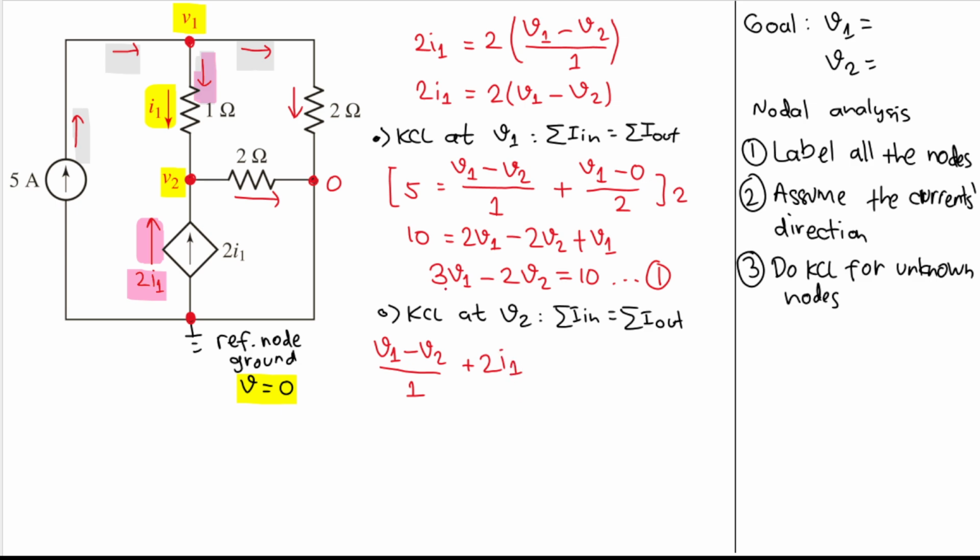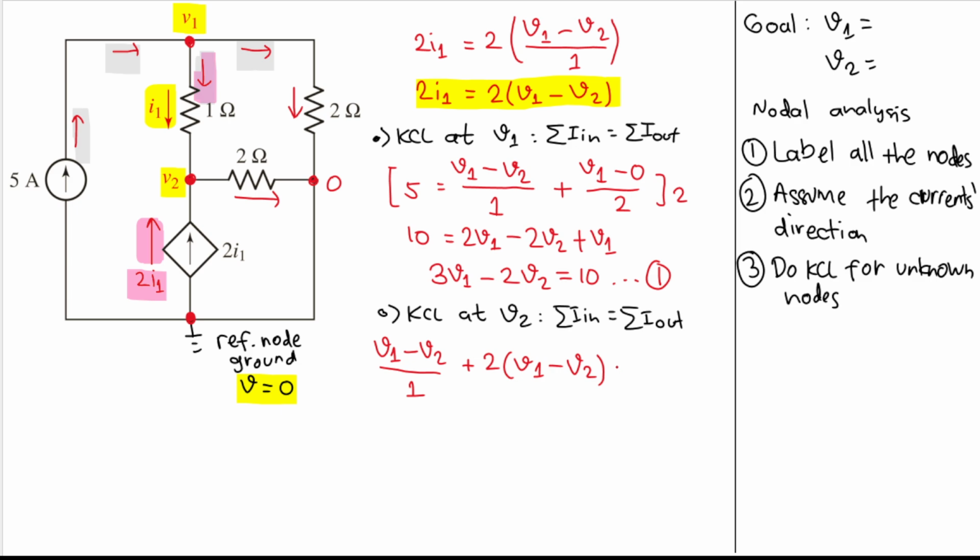But then what is 2I1? We know that 2I1 is this one here from our first step, right? So we can just replace this with that. So we will have 2V1 minus V2.